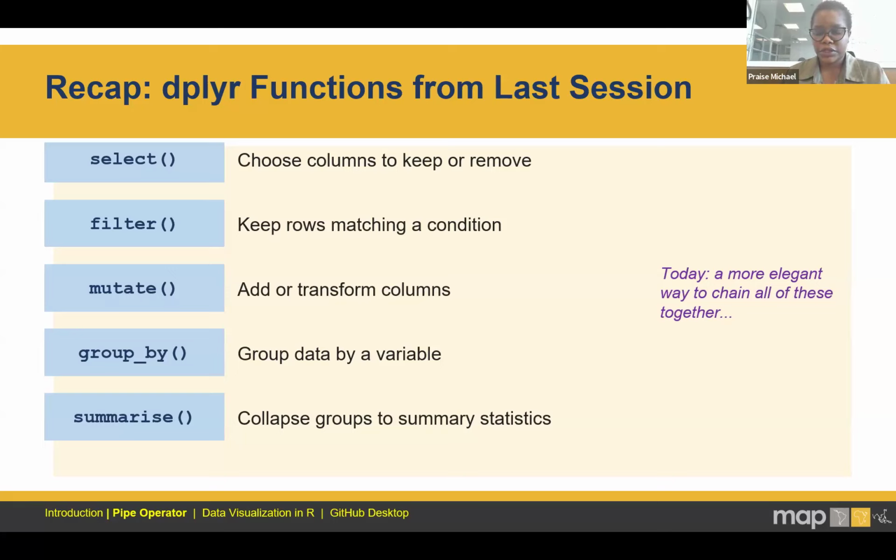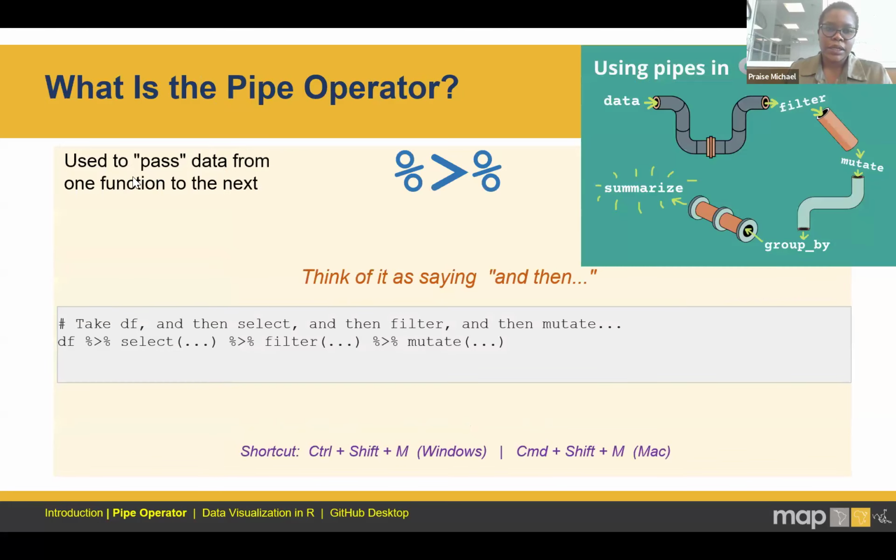So what we're going to do today is see a more elegant way to chain all of these functions together. So what does this look like? The pipe operator is used to pass data from one function to the next. As you think of the pipe operator, you're thinking of it as saying "and then." So let's say you have your data, and then you want to select, you want to filter, you want to mutate, you want to summarize your data.